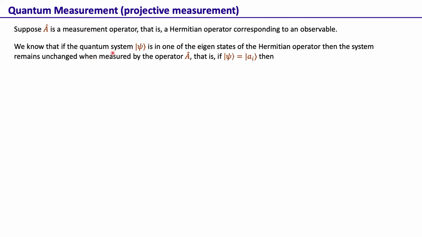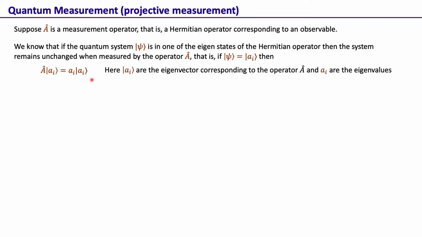Now we know that if the quantum system psi is in one of the eigenstates of this Hermitian operator, then the system remains unchanged when measured by the operator A. That is, if psi is equal to ket a_i, where these kets a_i are the eigenstates of A, then if we act on this state with this measurement operator A, the system remains the same, it doesn't change. And the a_i kets are of course the eigenvectors corresponding to this operator A, and the a_i are the eigenvalues.